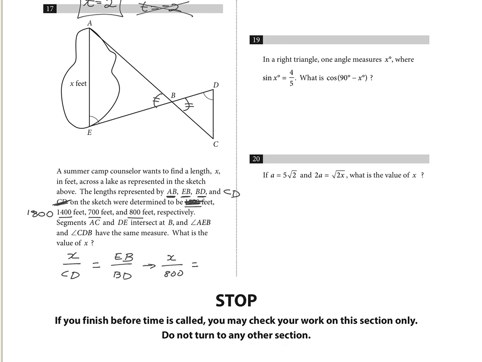And then EB is the second one, so that's 1400, over, and then the third one is BD, so that's 700. Well, that means that x over 800 is equal to 2, and I know that x has to be 1600, because 1600 divided by 800 is 2.